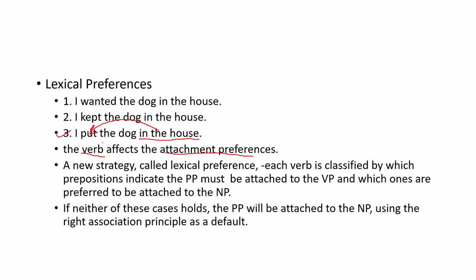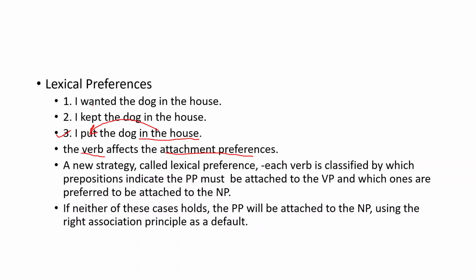You cannot say I put the dog that is in the house. Based on what sort of verb you are using, the verb is one example, based on that particular lexical entity, the attachments might be preferred. So that is another method for disambiguation.